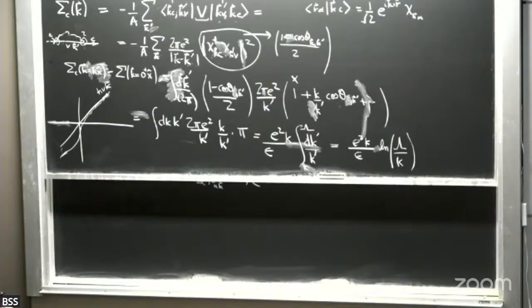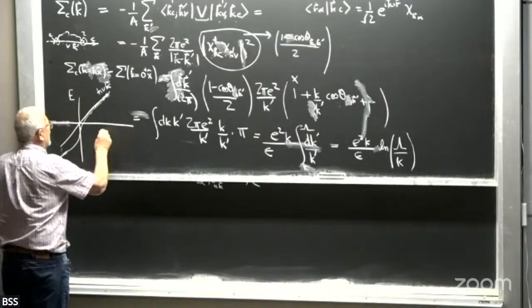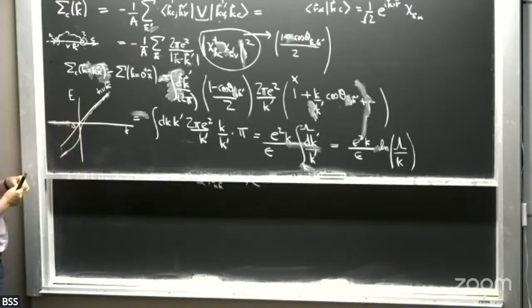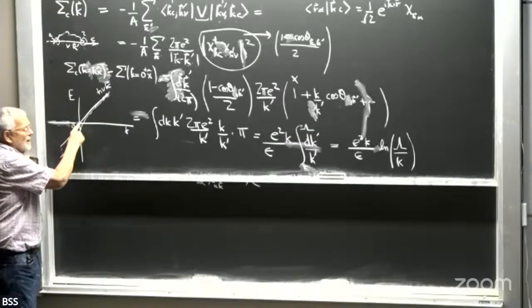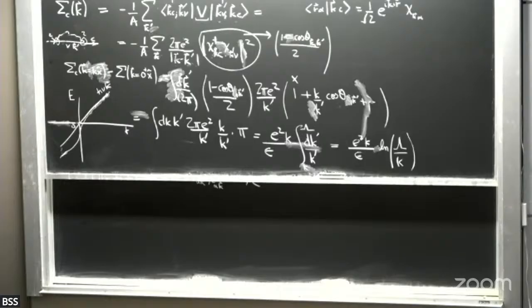So this is E, including the interaction, and this is K, and this is 0, so this is the Dirac point. This would be the Fermi energy of a neutral system. So the velocity is enhanced, even at typical density, the velocity in graphene.